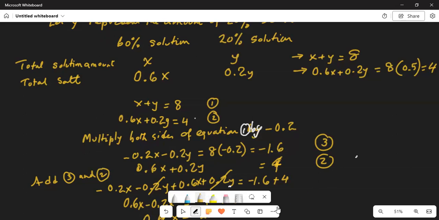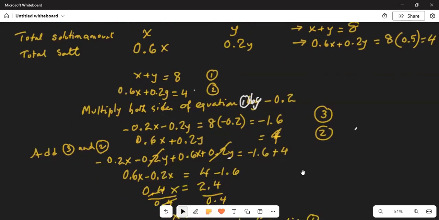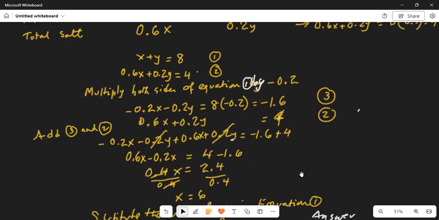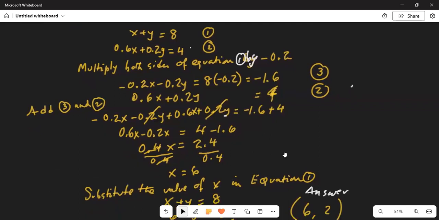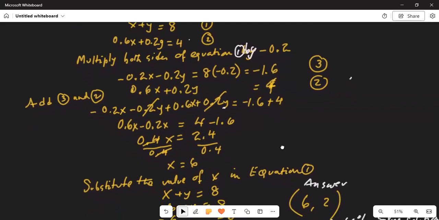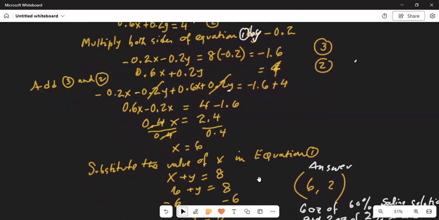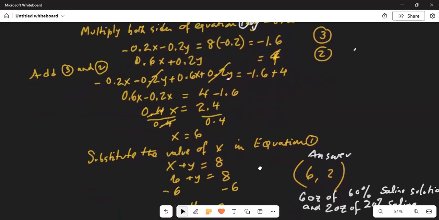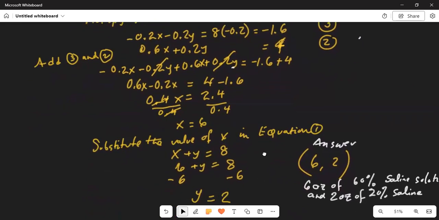The Y terms cancel, and we are left with minus 0.2X plus 0.6X is equal to 4 minus 1.6. So 0.4X is equal to 2.4. To remove the 0.4, we divide by 0.4 on both sides. X is equal to 2.4 divided by 0.4, which is 6. And therefore, when we substitute back in equation 1, Y becomes equal to 2.